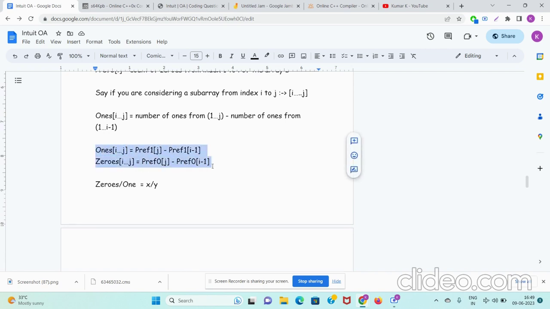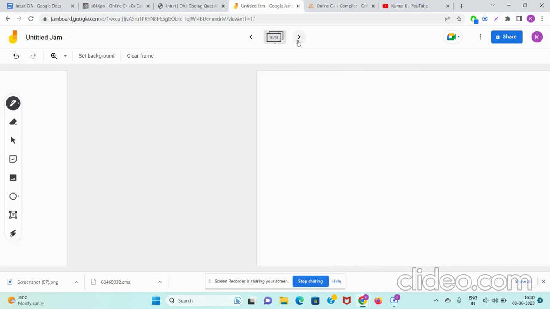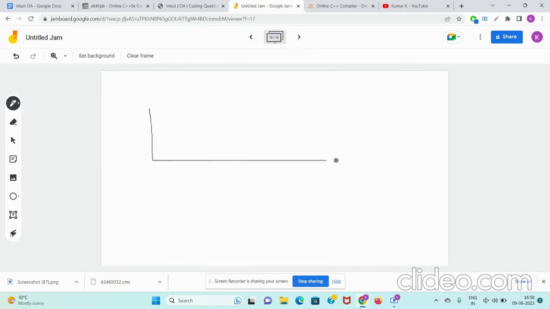Let's substitute these values in our equation. So guys, suppose we are considering a subarray from I to j.